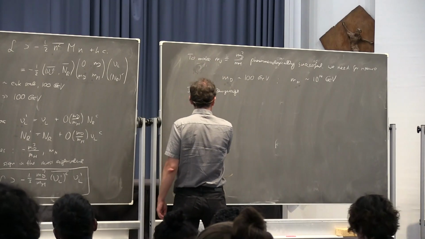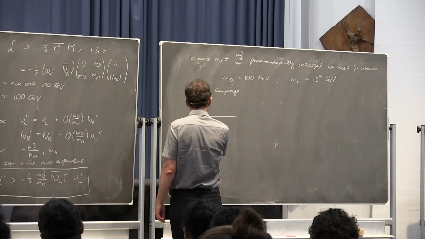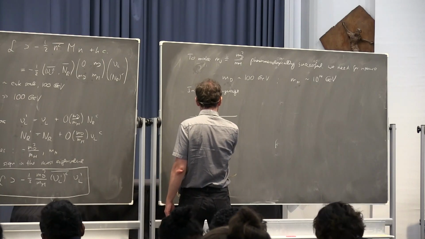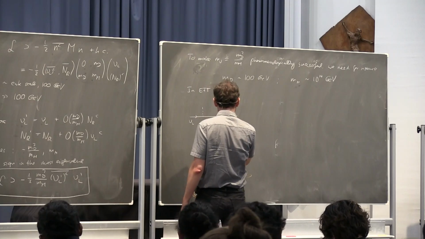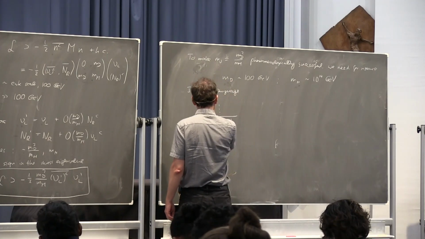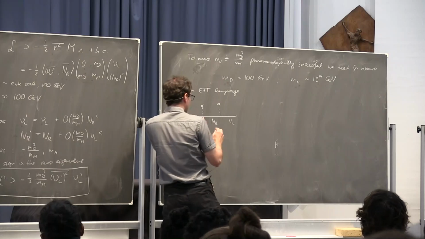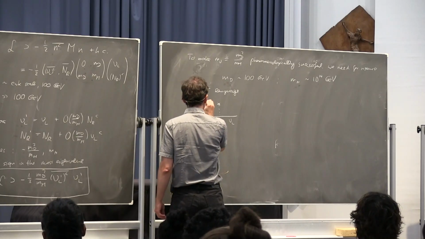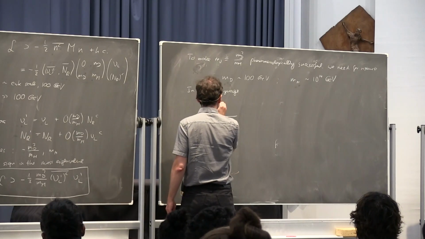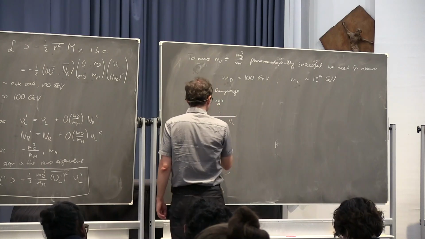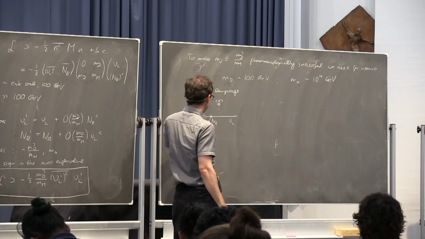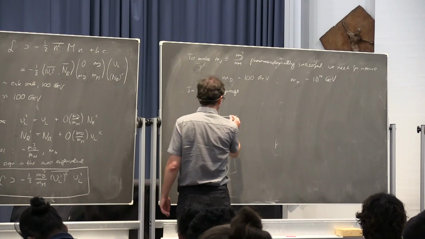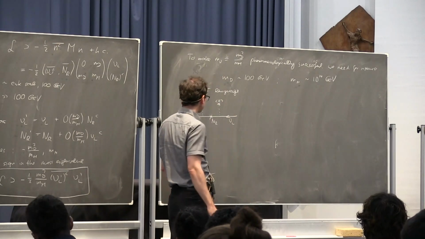So in a sense, we've started with something like this. We have a left-handed neutrino that we've coupled to the right-handed neutrino. These couplings proceed through the Higgs, in particular through its VEV. And the right-handed neutrino has a Majorana mass term, which means it's a term that flips particles and antiparticles.